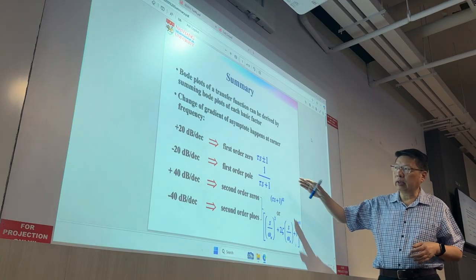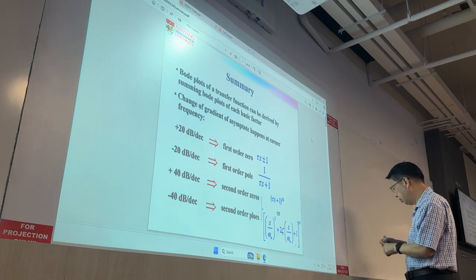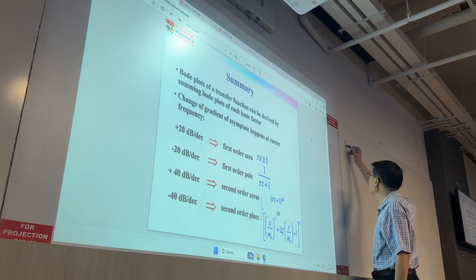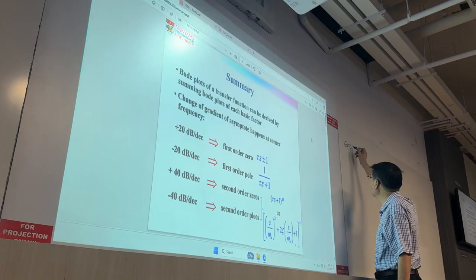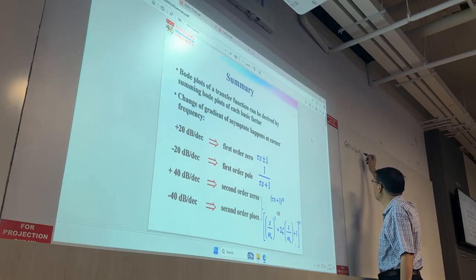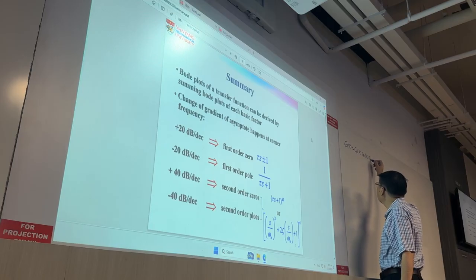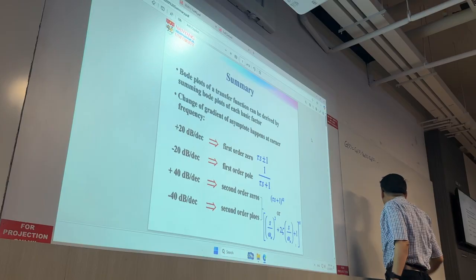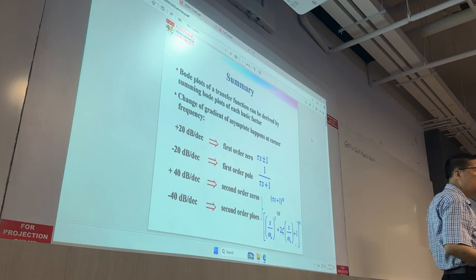Last week we discussed the idea of expressing a transfer function as a product of some simple transfer functions. All these transfer functions, G1, G2, G3, and so forth, are basic components.